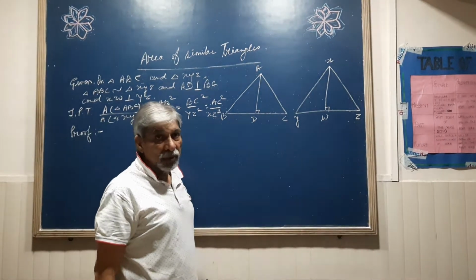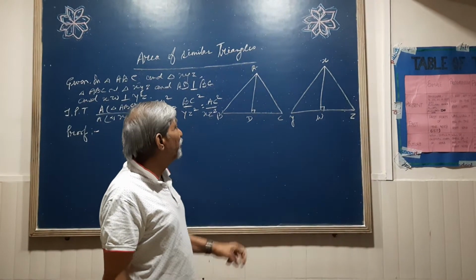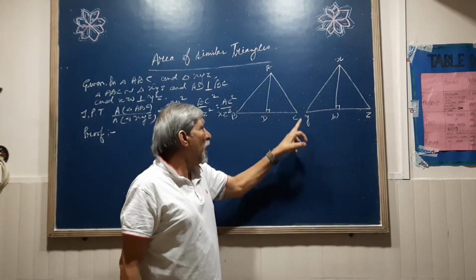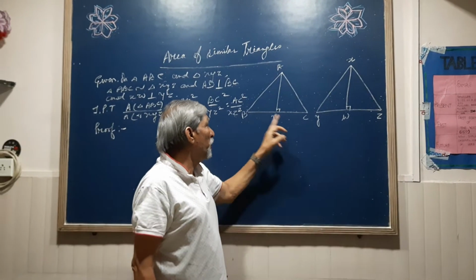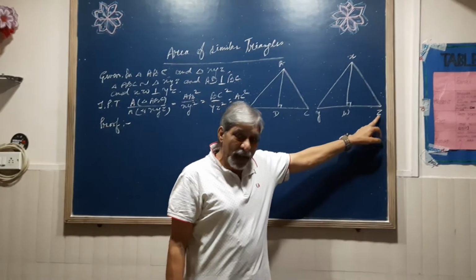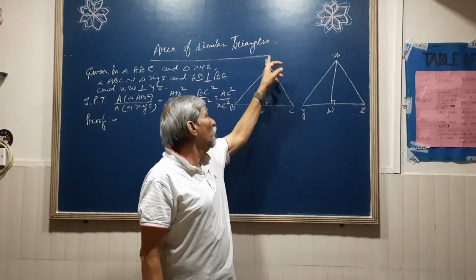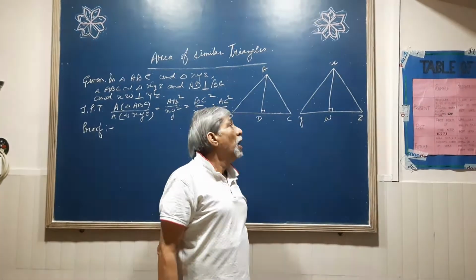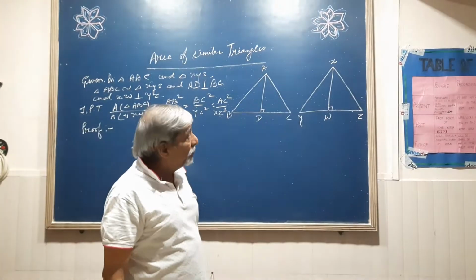That's given. That means AB upon XY is equal to BC upon YZ is equal to AC upon XZ. That will be equation number 1.